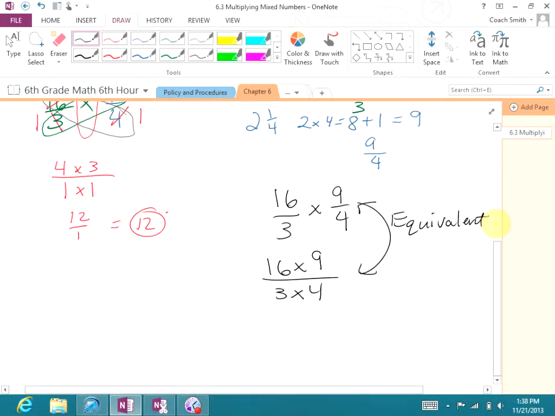Now, what I can do is this. I can take 16 and write it as a prime factorization, 2 times 2 times 2 times 2. Then I can take 9 and write it as a factorization. That would be 3 times 3.